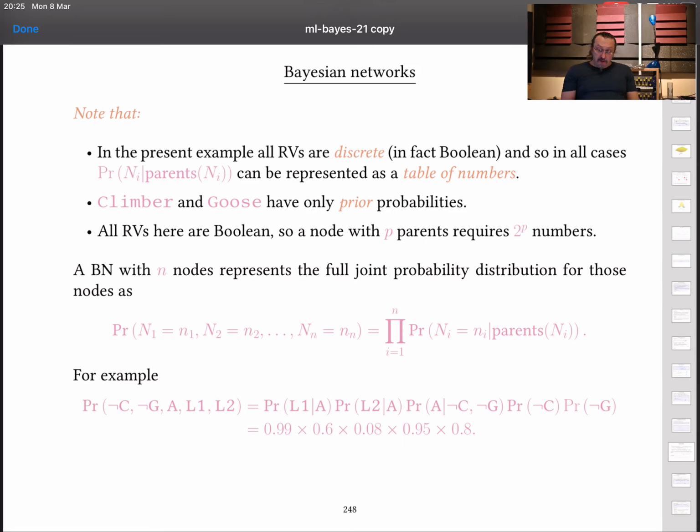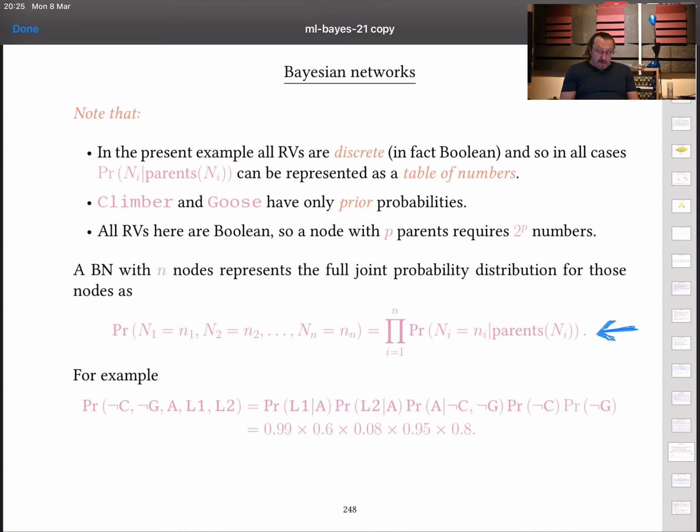And the key idea is that the full joint distribution that's represented by a Bayesian network is just the product of these priors and these conditional distributions, one for each node.